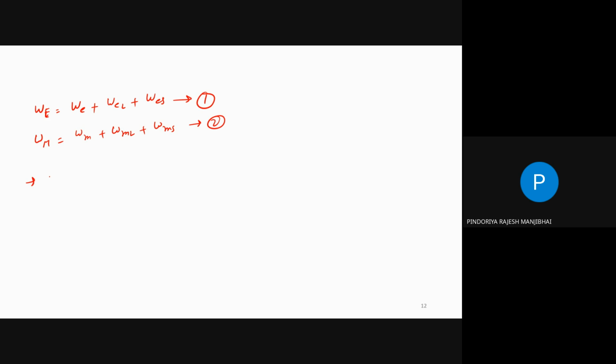Okay. If we define WF, the field energy, WF is defined as the total energy transferred to the coupling field.